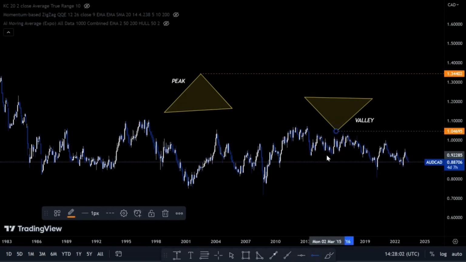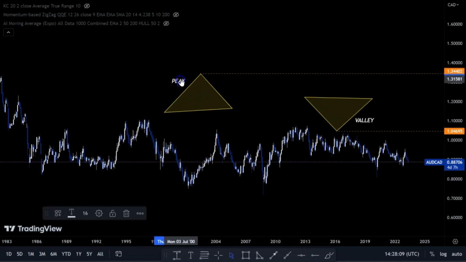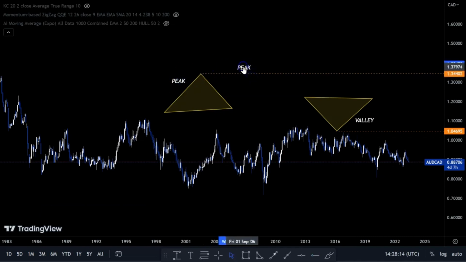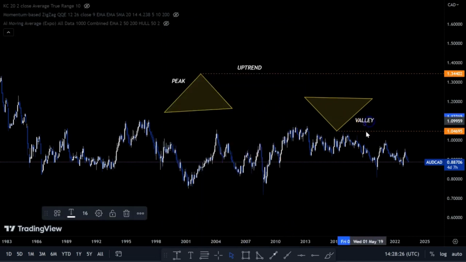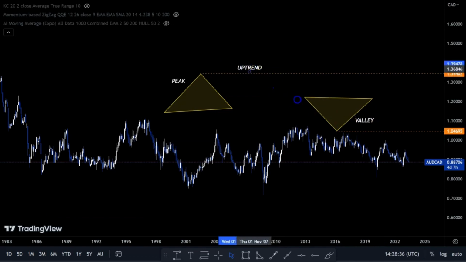So I want you to understand that your uptrends form your peaks. Anytime there is an uptrend, they form your peak. And anytime there is a downtrend, it forms your valleys. So let me duplicate this.